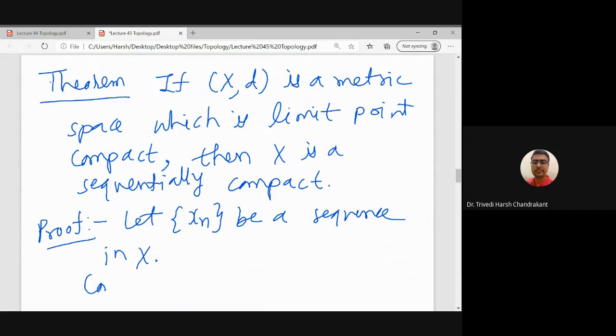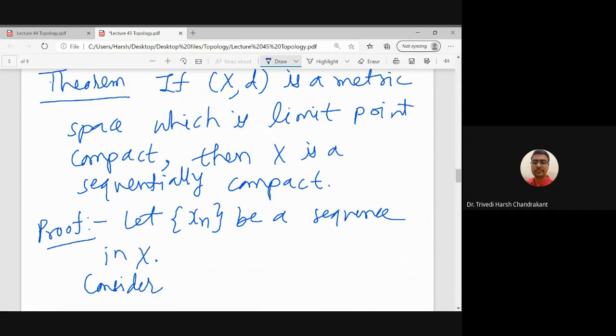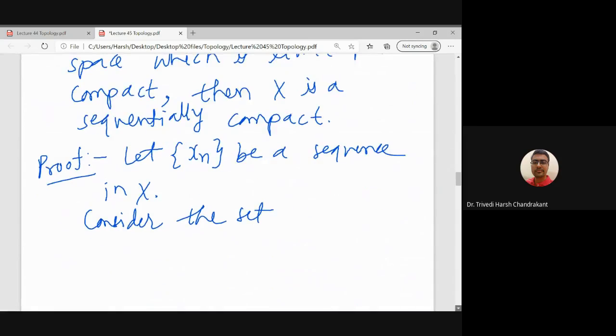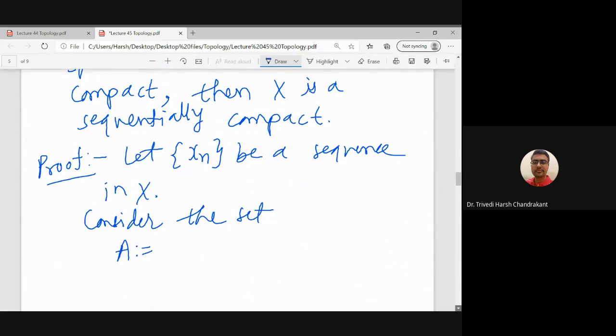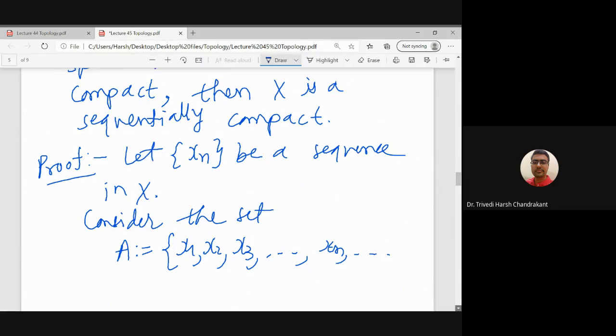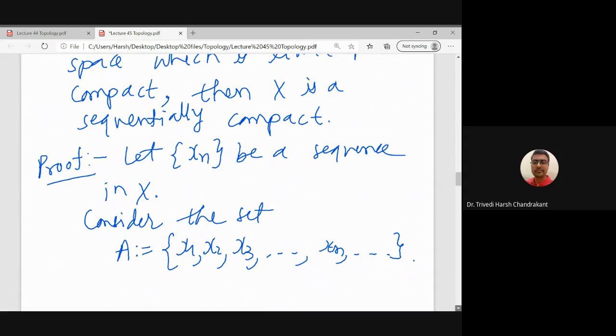So consider the set A, which is defined as all the terms of the sequence, that is x1, x2, x3, and so on, xn, and so on. This is basically an infinite set, right? So consider this infinite set.